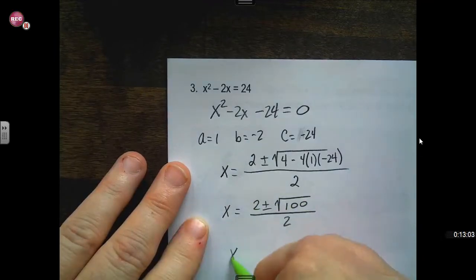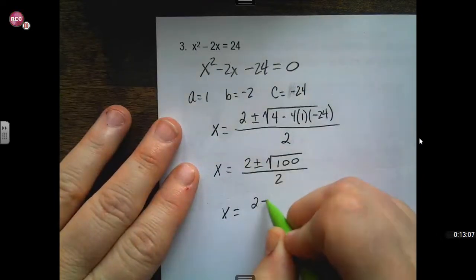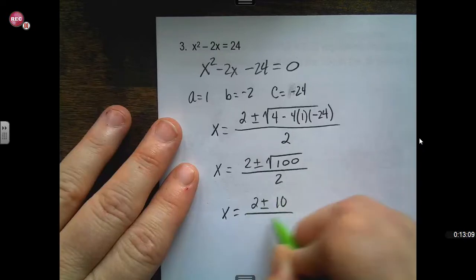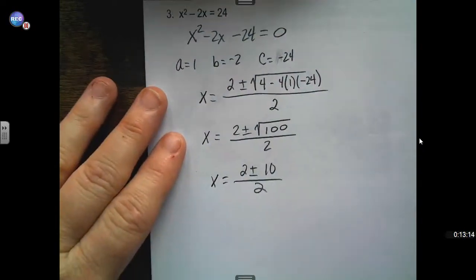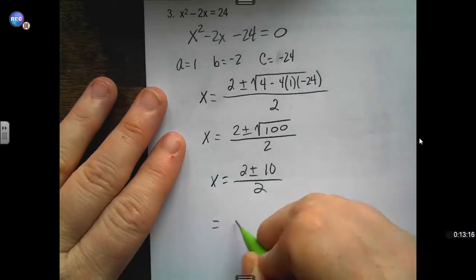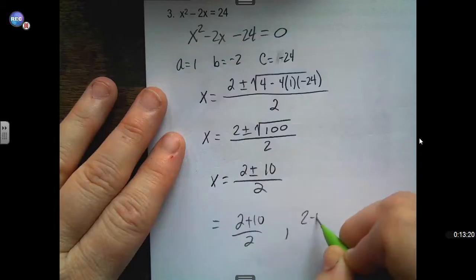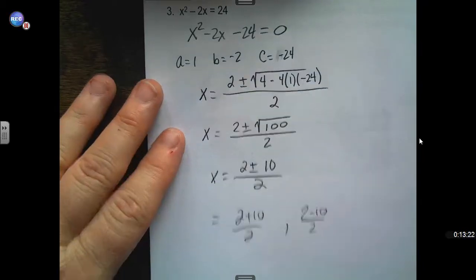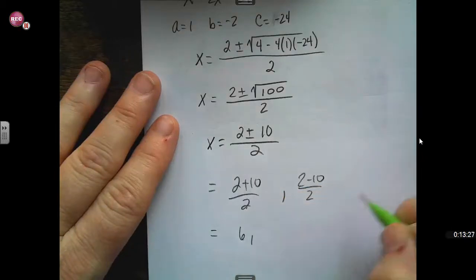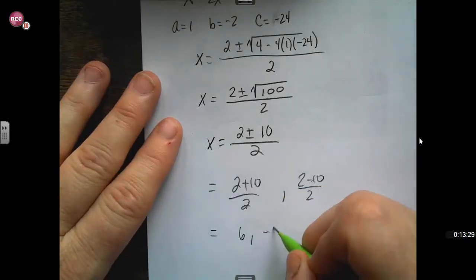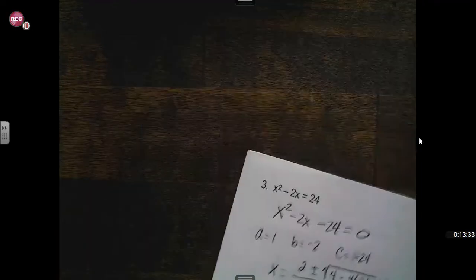So I get x equals 2 plus or minus 10. So yeah, it would have factored, right? When we get a perfect square there. And then I have to figure both of these out. So I'm going to take 2 plus 10 and 2 minus 10 and get 12 over 2 is 6, negative 8 over 2 is negative 4. And that's it.